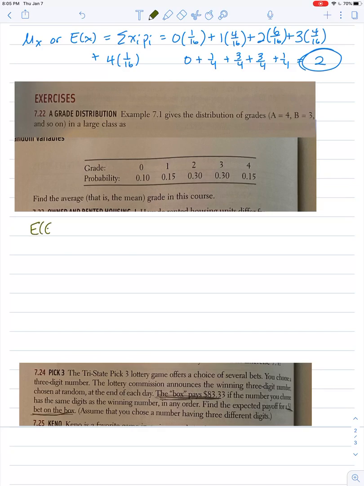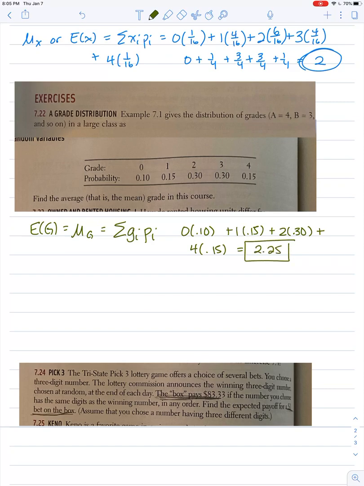So you're going to do expected value of the grade, which is mu of it, which means you do grade times probability and add them all up. So it'd be 0 times 0.10 plus 1 times 0.15 plus 2 times 0.30 plus 4 times 0.15, and that all adds up to 2.25. So that's called the expected value or the weighted mean.